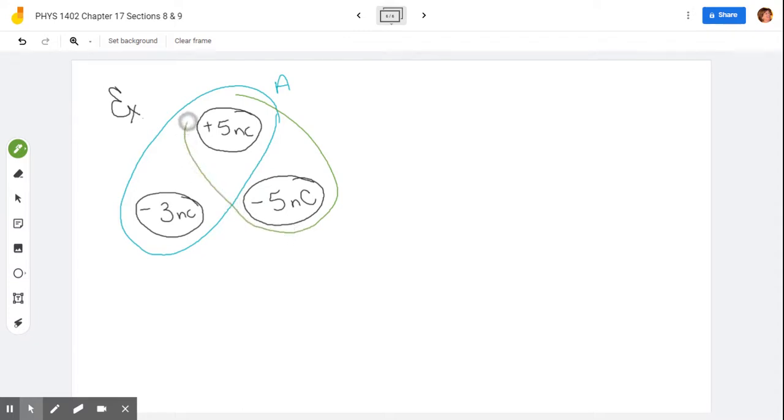It contains those 2 charges. And then I'll do one more, in gold. This Gaussian surface I'm going to call C.